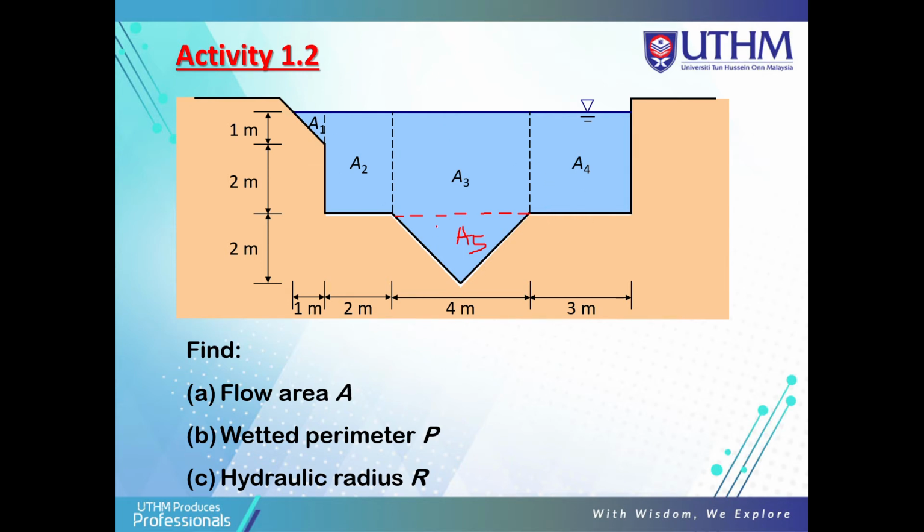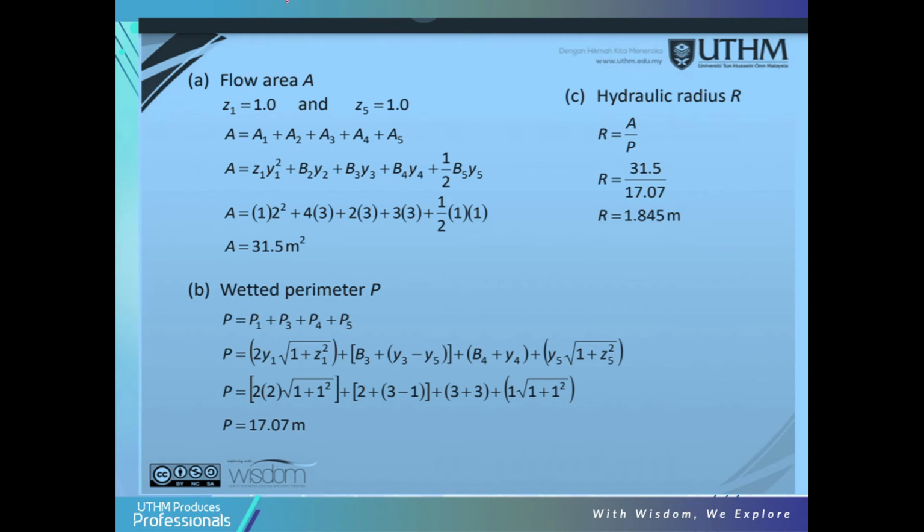Look at the area here. The flow area of Z1 is 1 and Z5 is 1. So this is actually just the area for channel 5, because 1 is just half of the triangular, so we get this one.